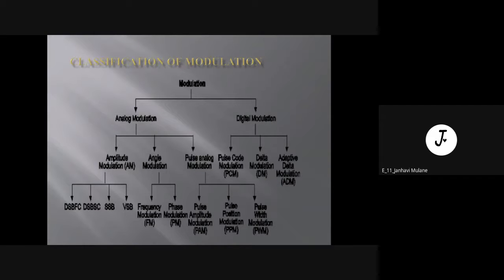Pulse analog modulation is classified into three: pulse amplitude modulation, pulse position modulation, and pulse width modulation. Digital modulation is classified into three: pulse code modulation, delta modulation, and adaptive delta modulation.